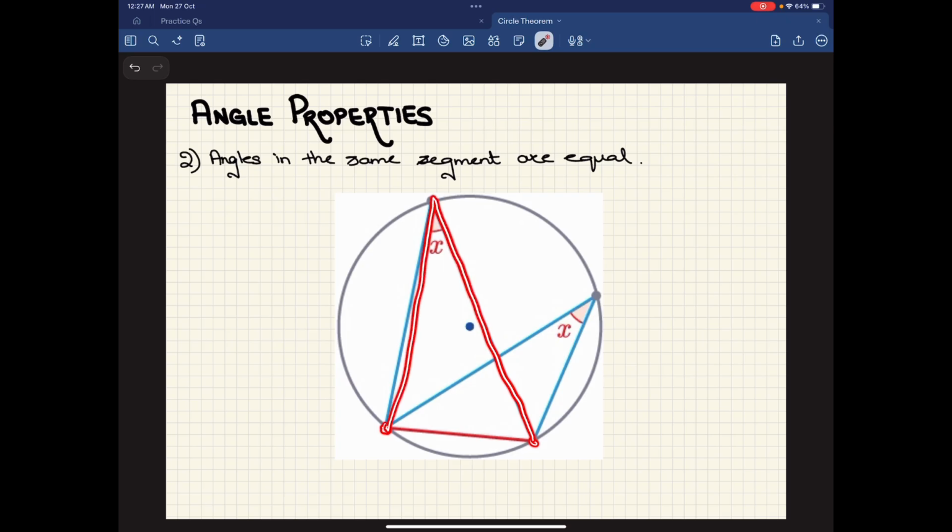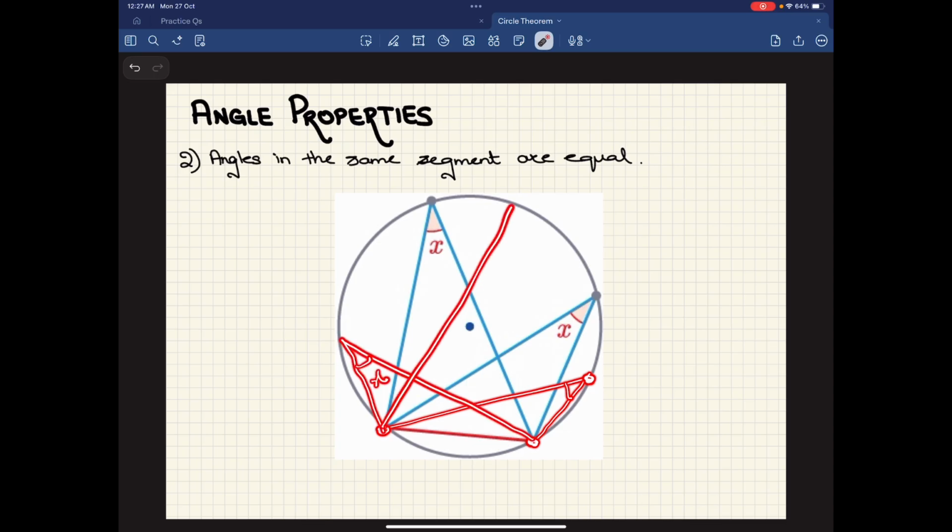So any angles made from the ends of the same chord will be equal. So this is also going to be x. This is also going to be x. Why? Because it is originating from the ends of the same chord and the angle is made at the circumference. So this is also x. Anywhere as long as they originate from the ends of the same chord and the angle is made at the circumference. So that is going to be equal.